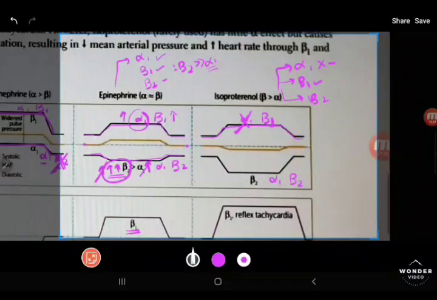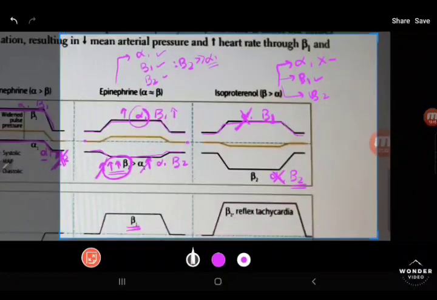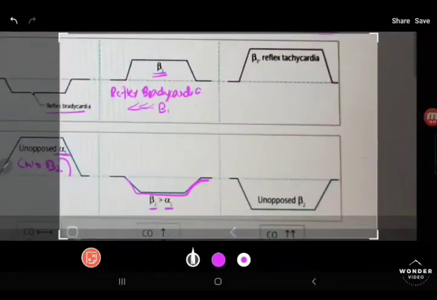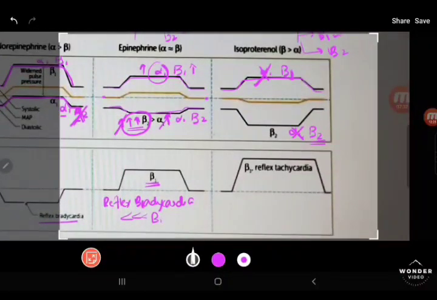Now here, no effect on alpha 1, but we still see beta 2 activity, which causes vasodilation. Vasodilation causes reduced total peripheral resistance, unopposed because there's no alpha 1 activity. So there's going to be a major reduction in your diastolic blood pressure, which will bring your mean arterial pressure down.